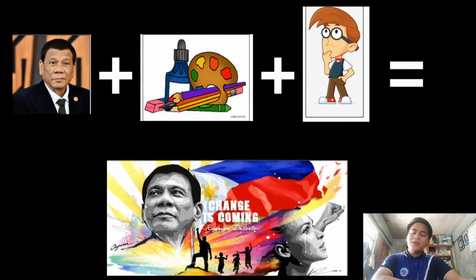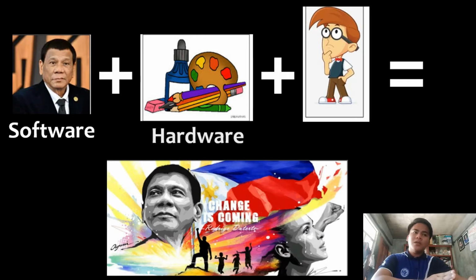Now let's say, for example, the illustration of our current president will serve as software. Then our art material, which we can touch, is hardware. Then how are you going to categorize Mr. Michael?